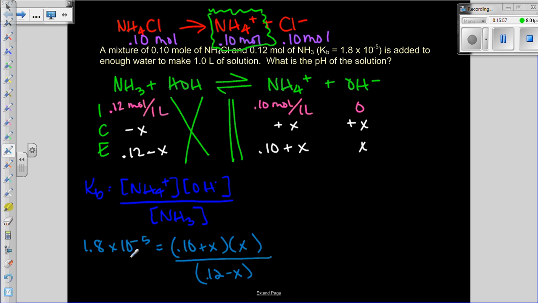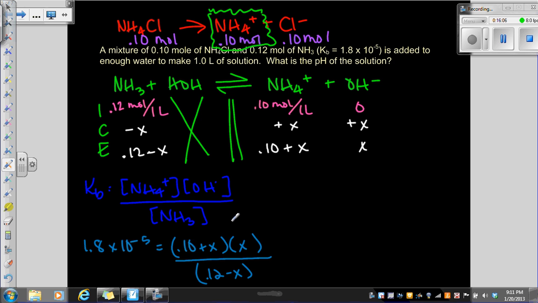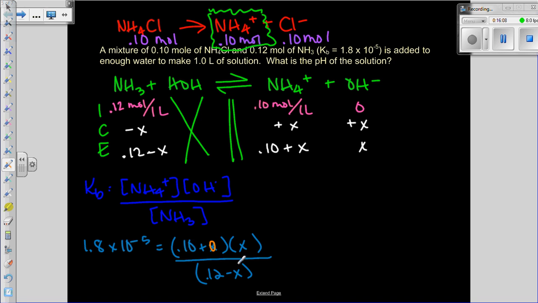Okay, if I take Kb times 100, I get 1.8 times 10 to the negative third, which is smaller than these, so it's okay to approximate. I will make the X's that are added on or subtracted off 0. I don't want to make this X 0. So what I get is 1.8 times 10 to the negative fifth equals 0.10x divided by 0.12.